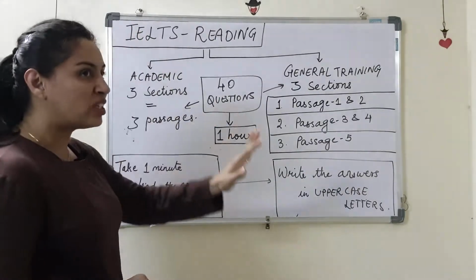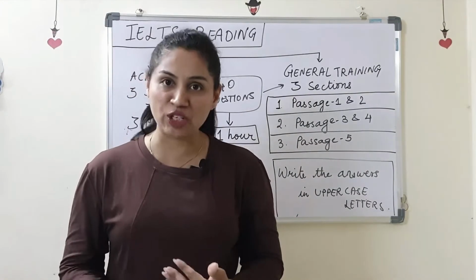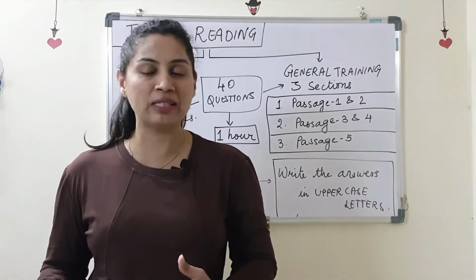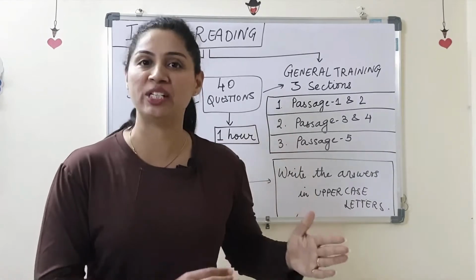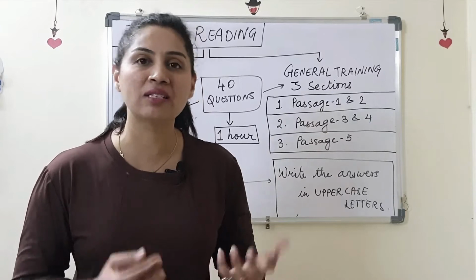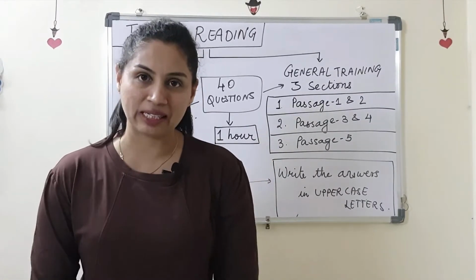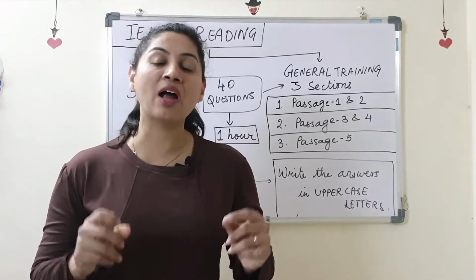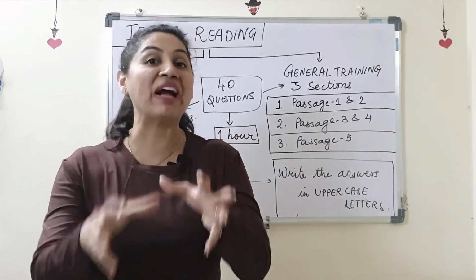IELTS reading is the module in which you have different sections and different comprehensions, that is passages, and related to these passages there are different question tasks. We need to find the answers according to the different question tasks and present them in the answer sheet. This shows how effective we are with the English language and how appropriate we are in finding the answers.